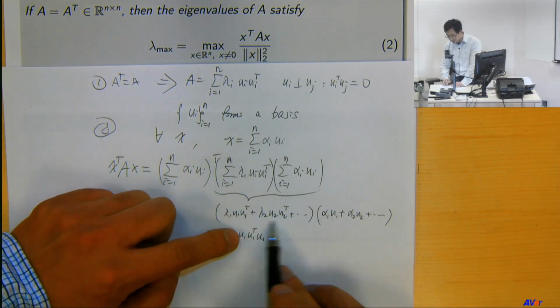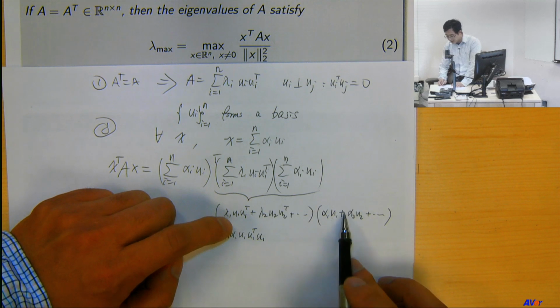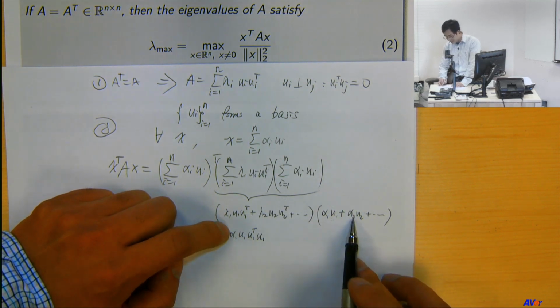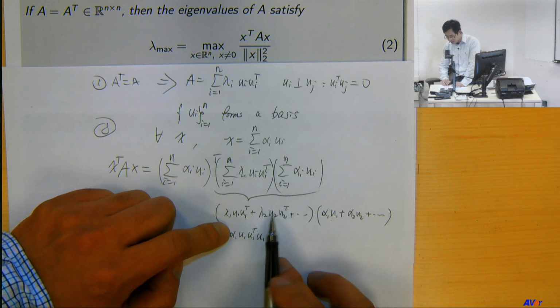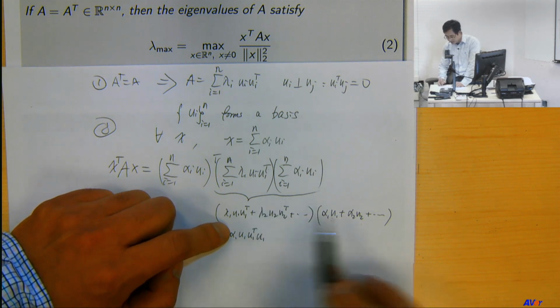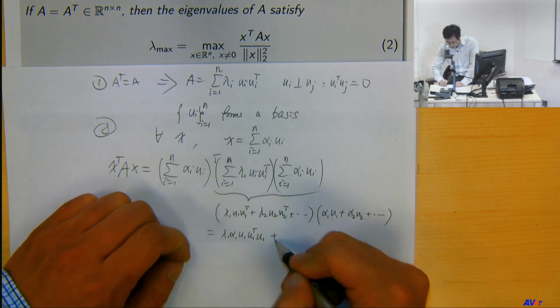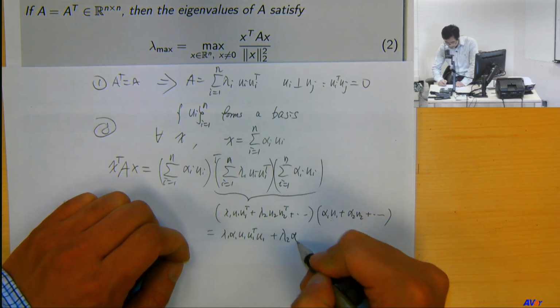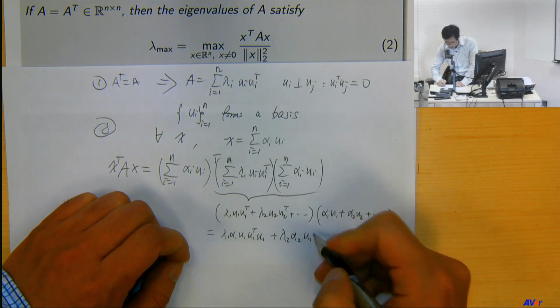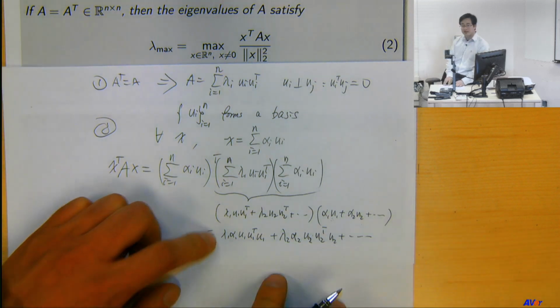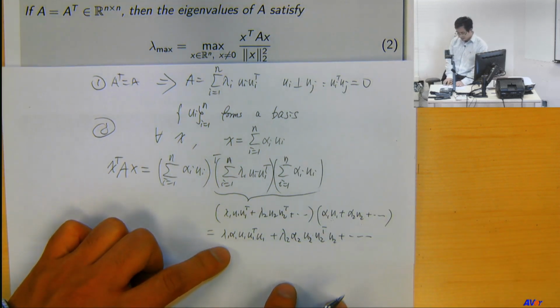It's non-zero only when this second term multiplies the corresponding same term in the second bracket, the third term multiplies the third term, and so on. All right, so that's the first observation.